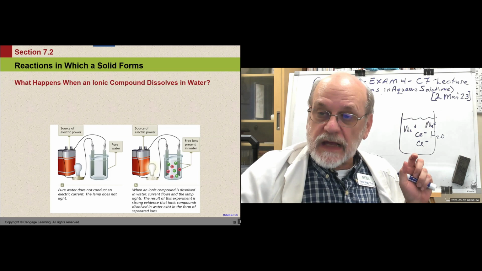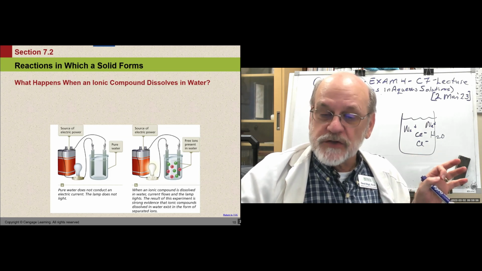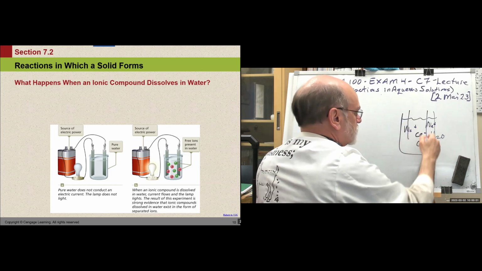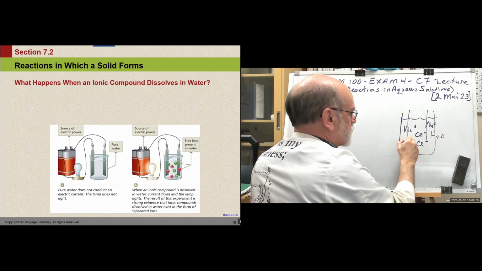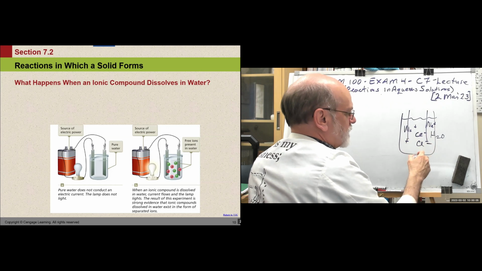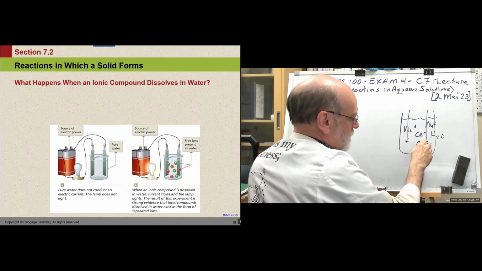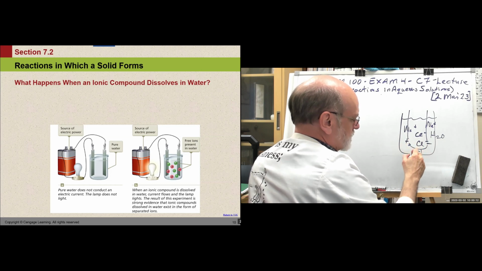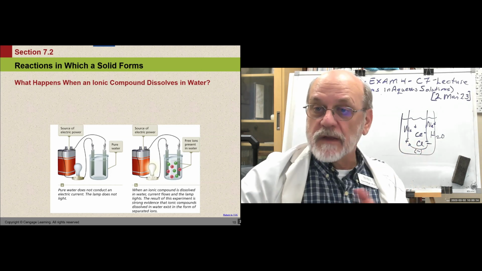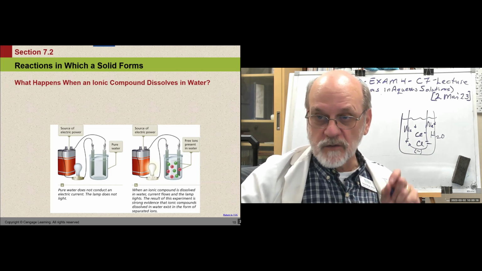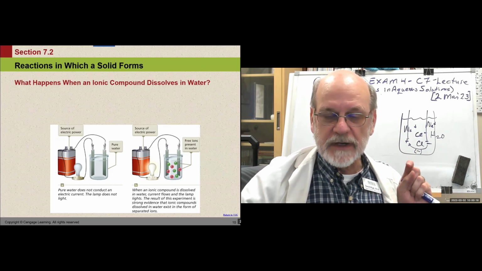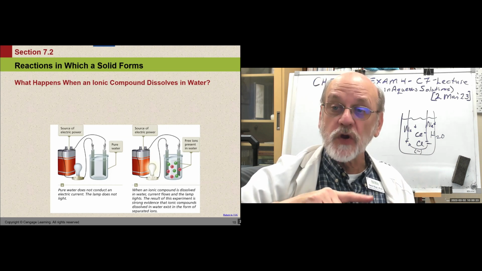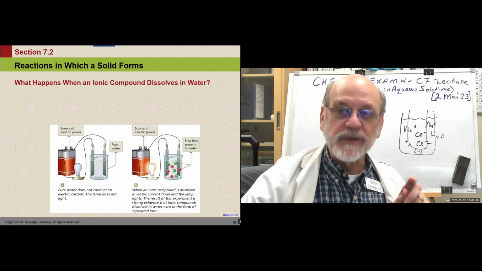Well, if you attach a battery to some electrodes and you submerge the electrodes in here, and say this one's positive and this one's negative, it's going to want to transfer charge from the negative to the positive. And remember, when you're trying to move an electrical current through conductors, you have to complete a circuit.